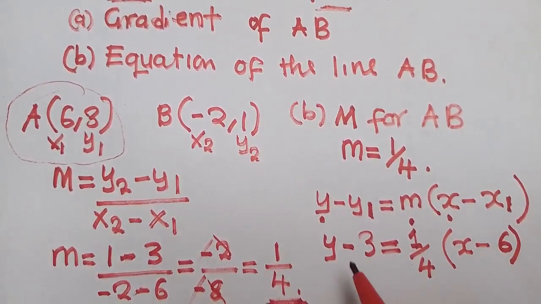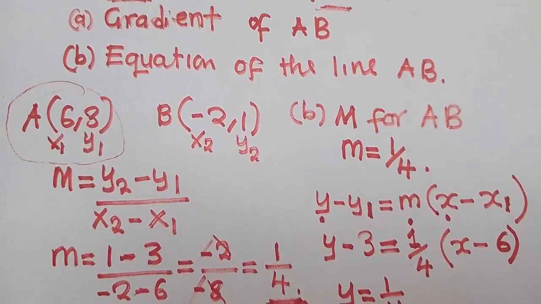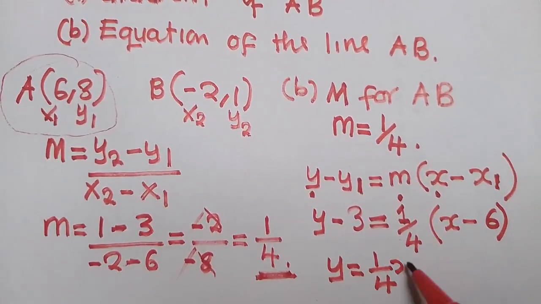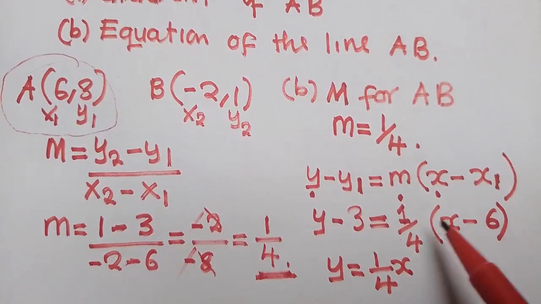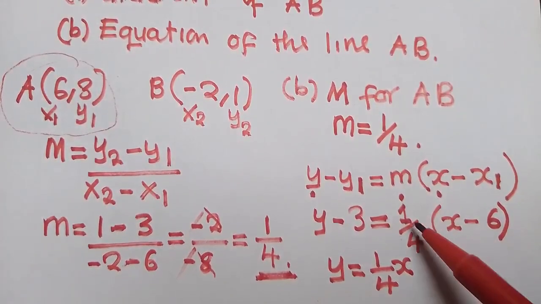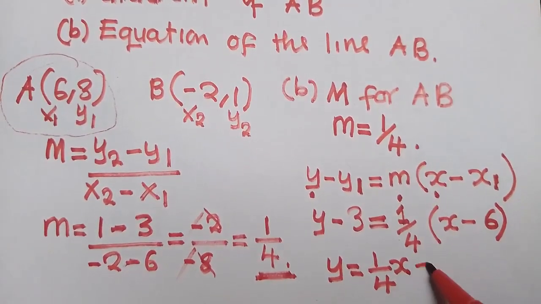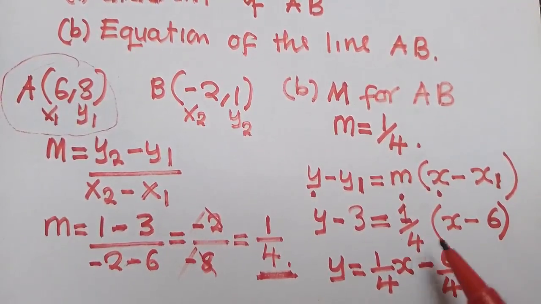Then this 3 will move to the other side of the equation. So we are going to have y is equal to 1 over 4 x, 1 over 4 times negative 6. It is the numerator that gets to multiply. Get this, we always use the numerator to multiply. 1 times 6 is 6, over 4.